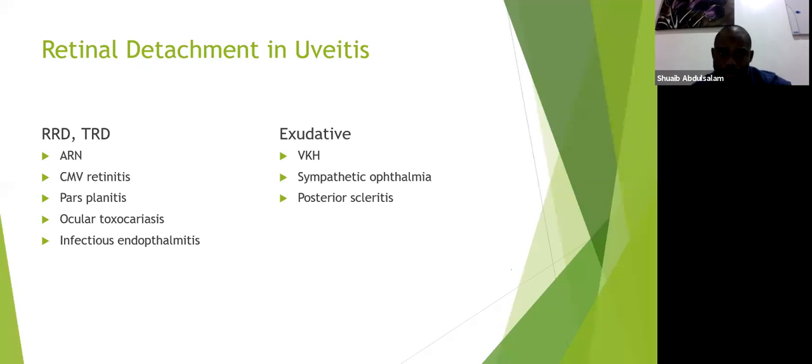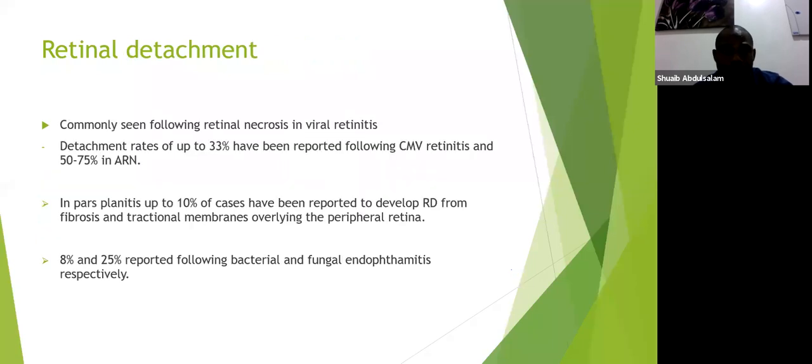So I'd also like to talk briefly about retinal detachment in uveitis. Of course, it's very common. It could be rhegmatogenous or tractional, which is seen in your viral retinitis, acute retinal necrosis, CMV retinitis, vasculitis, toxoplasmosis, and also infectious endophthalmitis. Then you could have exudative in your VKH, sympathetic ophthalmia, and posterior scleritis.